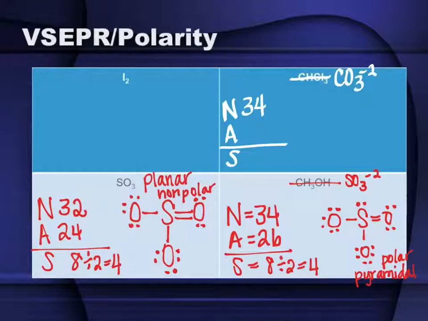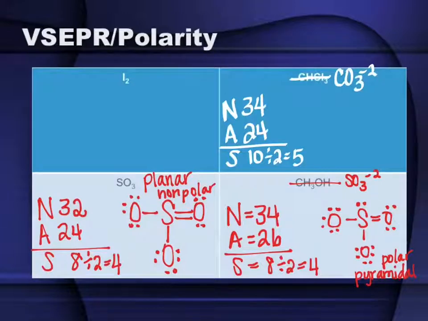Oh, on the other side. 18, 19, 20, 21, 22, 23, 24. We have 24 available. How many is shared? 10 divided by 2 is how many? 5. This is going to be one of those weird ones.